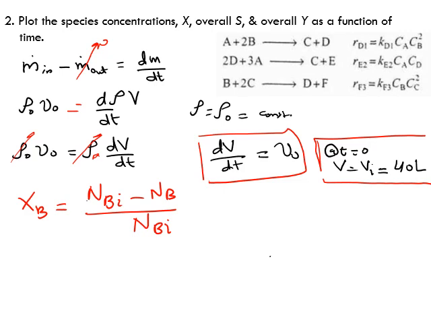We also need to define the overall selectivity and overall yield. Okay, never mind. Before we go there, let's continue with our design algorithm. So we are done with writing the mole balances, the design equations, correct?